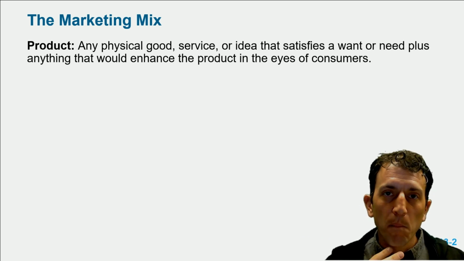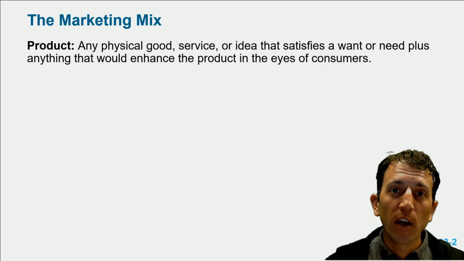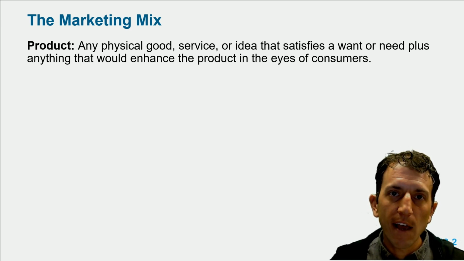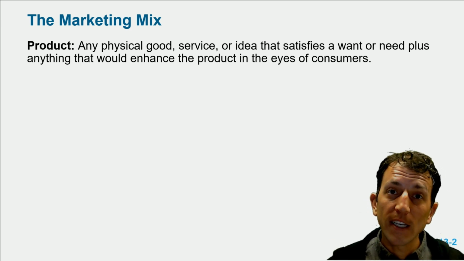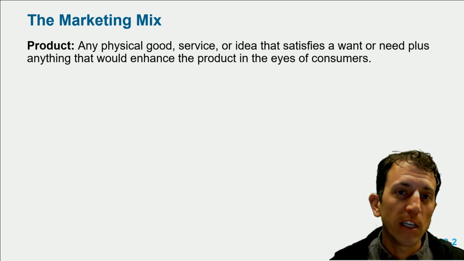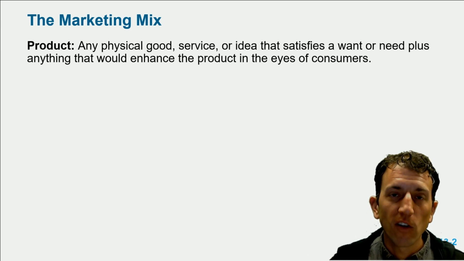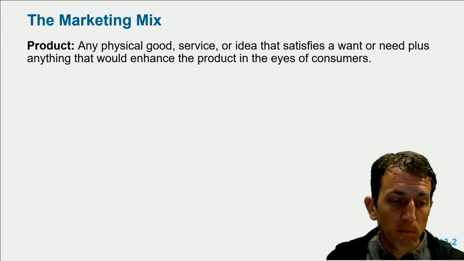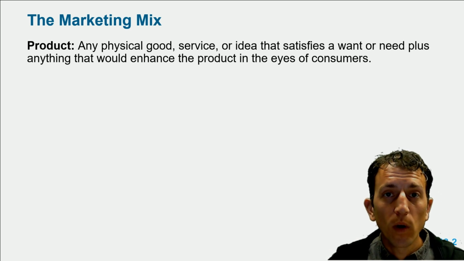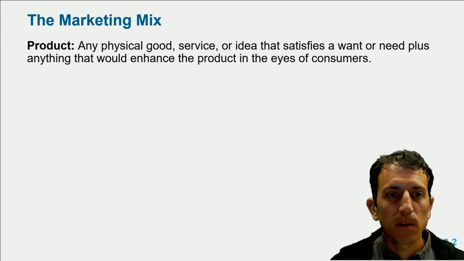These are all things that the marketing department has to decide on when they're building the latest and greatest iPhone. That's the product. So the marketing department is in charge of the product, and you're going to see in your homework the product life cycle and how companies change products to best serve customers.